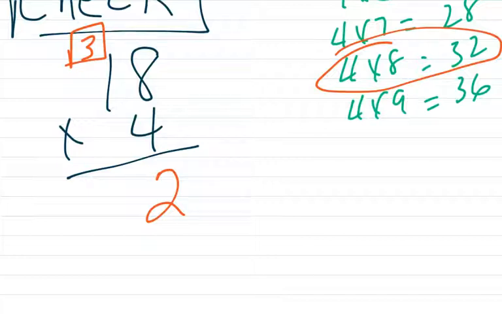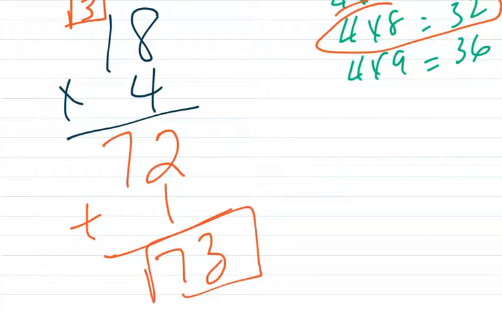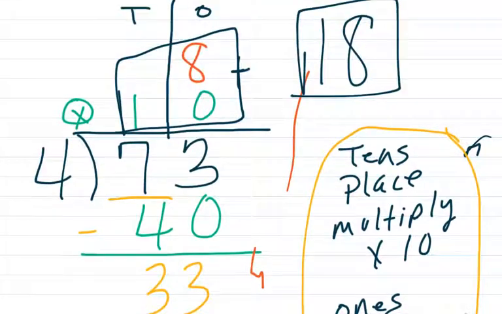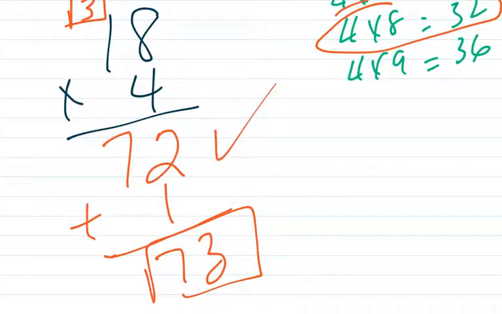So now 4 times 1 is 4 plus 3 is 7. And then my last step is to add in my leftover remainder. 72 plus 1 is 73, which matches my dividend. So I know that my answer does check.